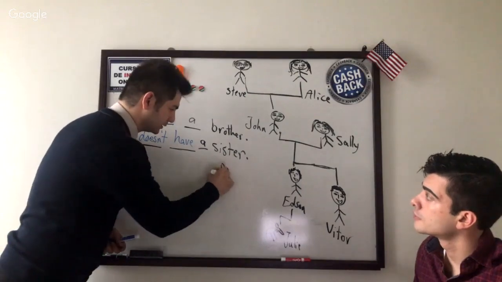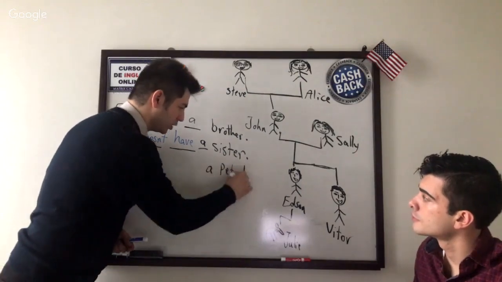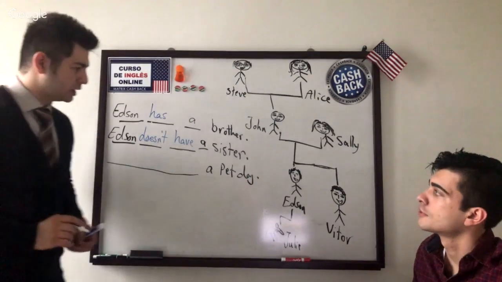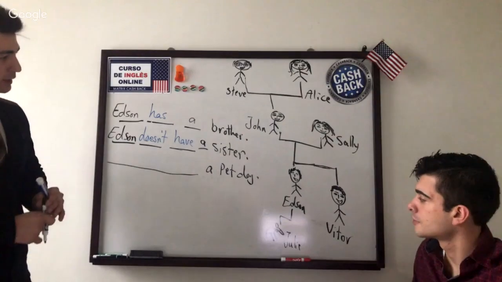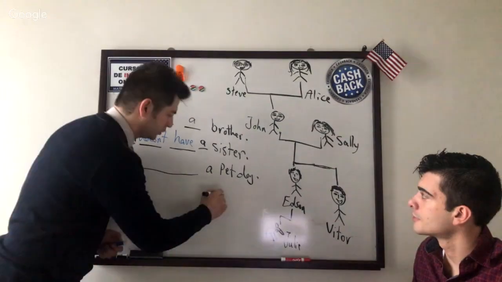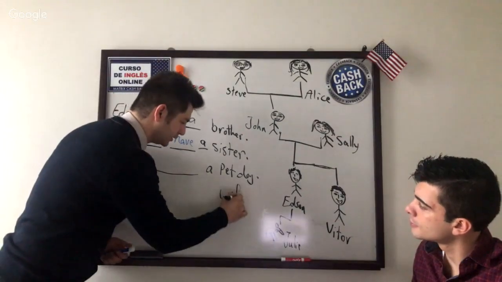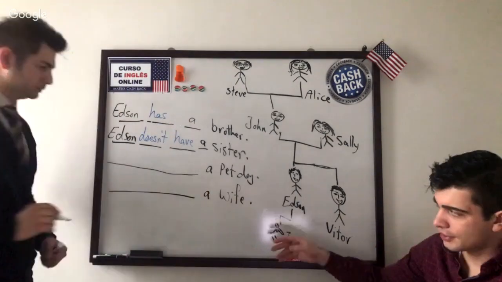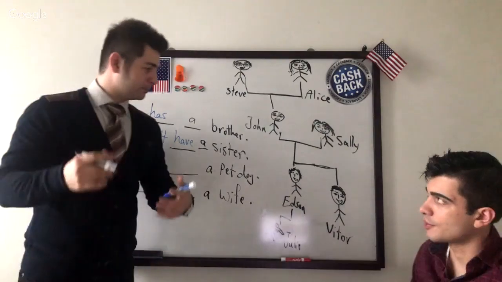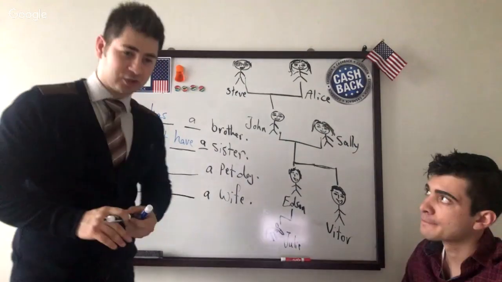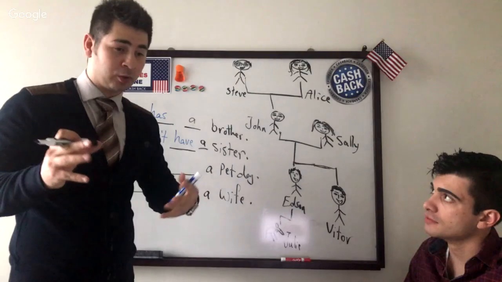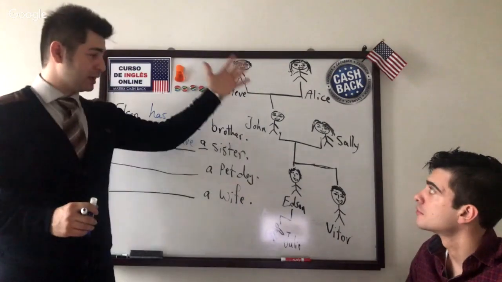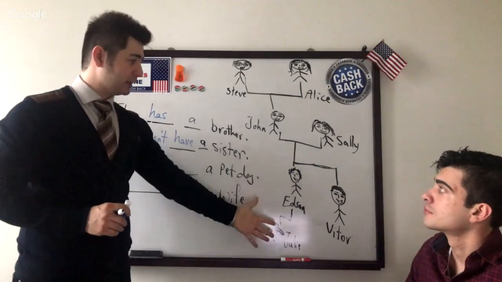A pet. You can write another sentence with a pet dog. You can write another sentence with wife. Então você pode fazer outras frases. It really depends on how committed you are and how much time you have. You can spend 5-10 minutes writing sentences about the family tree.